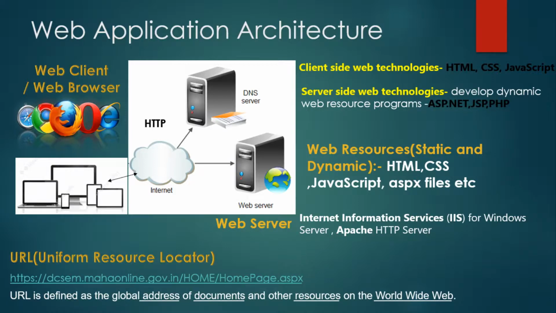For example, whatever we access through mobile, computer, laptop, and different devices which contain the web browser, using that we will access the web application. So our web browser, that is Chrome, Mozilla Firefox, Internet Explorer, that is nothing but a web client. By using that we are accessing different number of services.